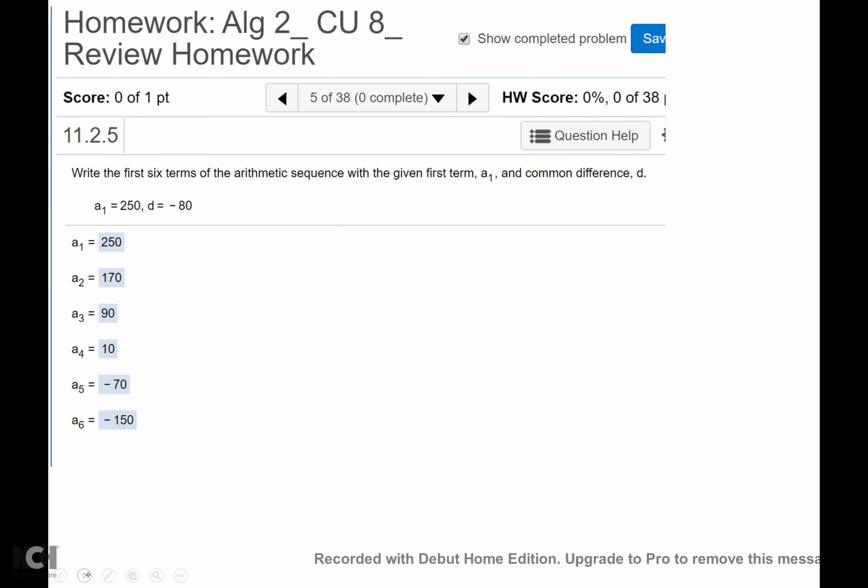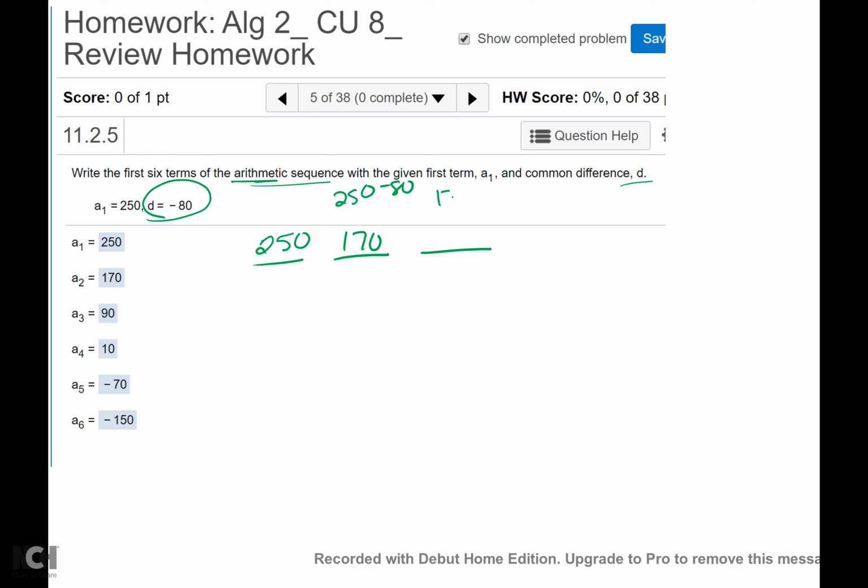Okay, so this one says, write the first 6 terms of the arithmetic sequence with the given first term a sub 1 and a common difference d. So it's telling me that my first term is 250. If my common difference is negative 80 and it's arithmetic, it means to get the next term, you take 250 minus 80. So 250 minus 80, you get 170.